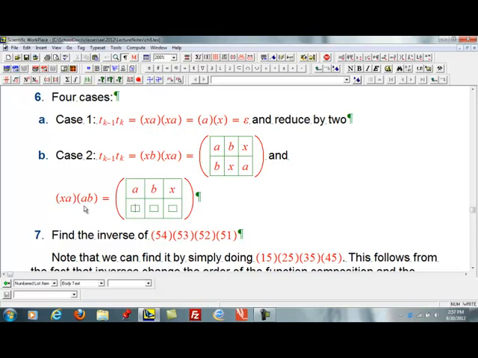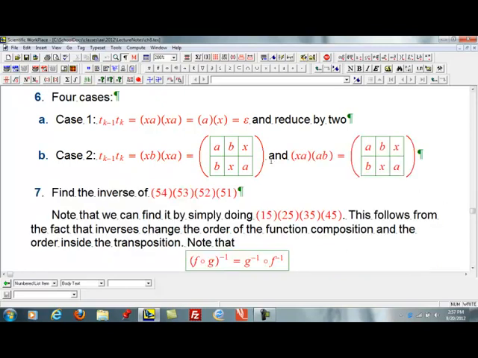But let's check this. Where does A go? A goes to B. Where does B go? To X. And where does X go? To A. Is that the same? Yes, so we have two equal ones. When you're reading this proof, you would actually go through that process and verify that those two are equal. You evaluate it.